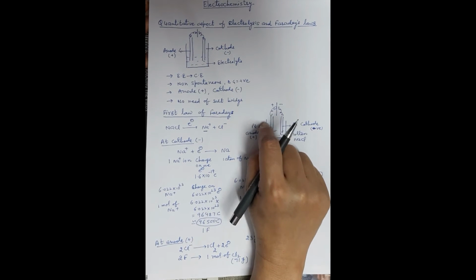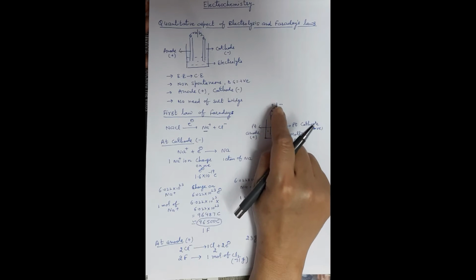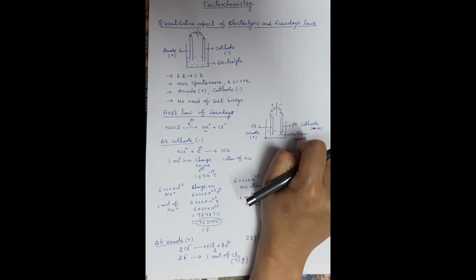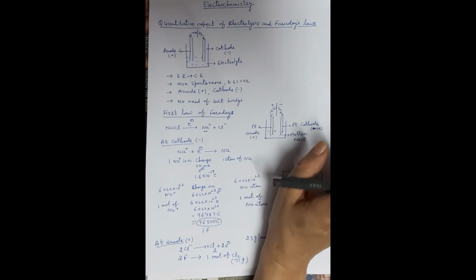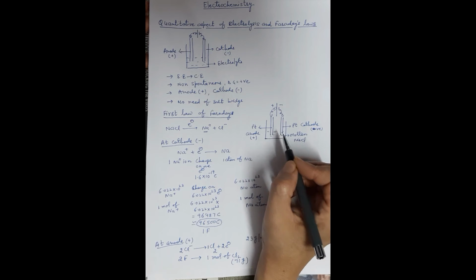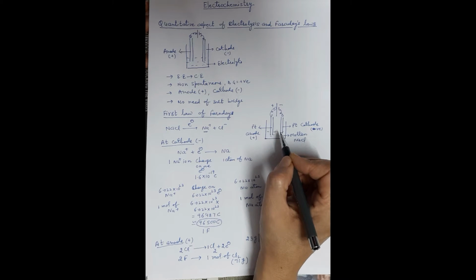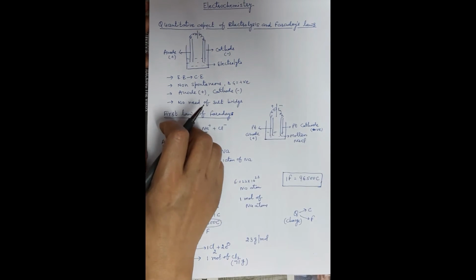Look here, when I pass more amount of current through this, first I passed 1 ampere, then 2 ampere, 3 ampere, you will see more and more amount of sodium and chloride ions are liberated and deposited. Even if I pass the same amount of current for a longer time, then also more amount of substance is deposited or liberated at the respective terminals.